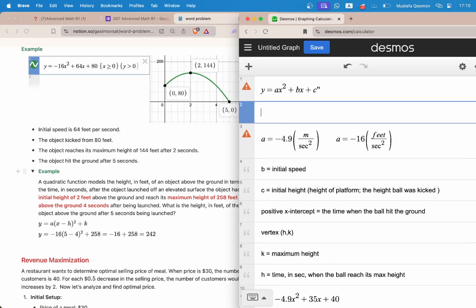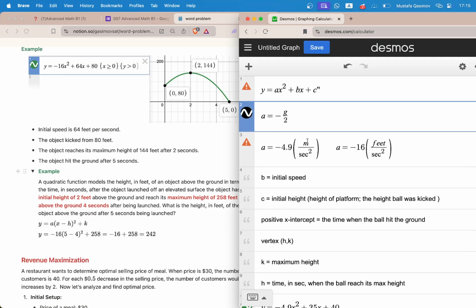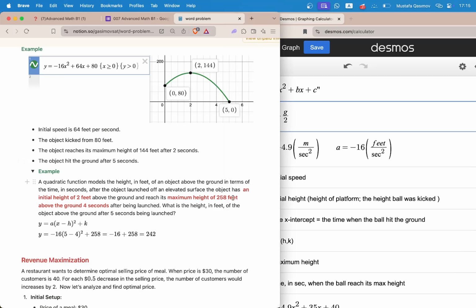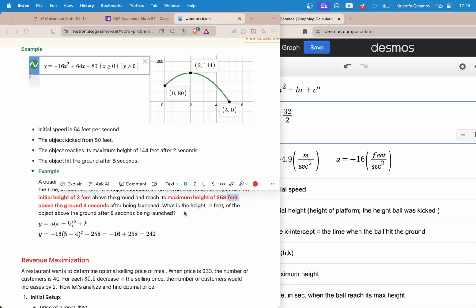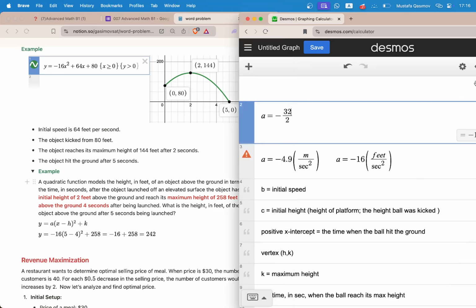Because a is equal to negative gravity over 2. Gravity in meters per second is 9.8. So if the question uses meters, you have to write negative 4.9. But if the question includes feet, you have to write, instead of g, 32, so negative 16. When you need to do a calculation in the question, it is most of the time negative 16. I never see a question with negative 4.9 for this. Okay? Okay, thank you.